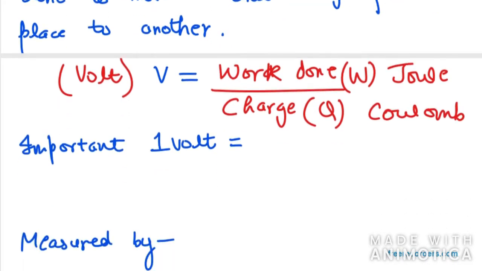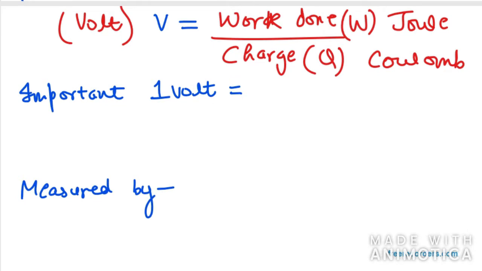Now the next important thing is they would ask you to define 1 volt. So 1 volt is nothing but 1 joule over 1 coulomb. How would you define this?